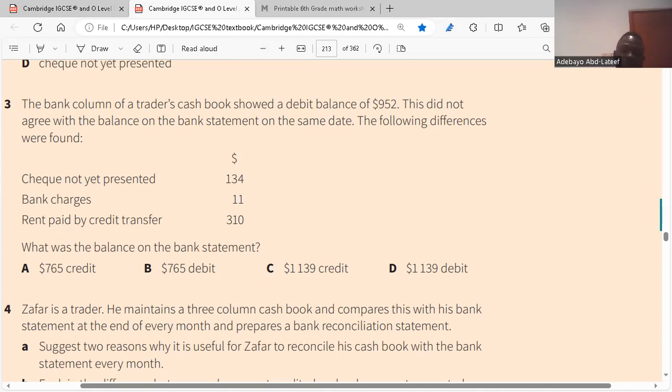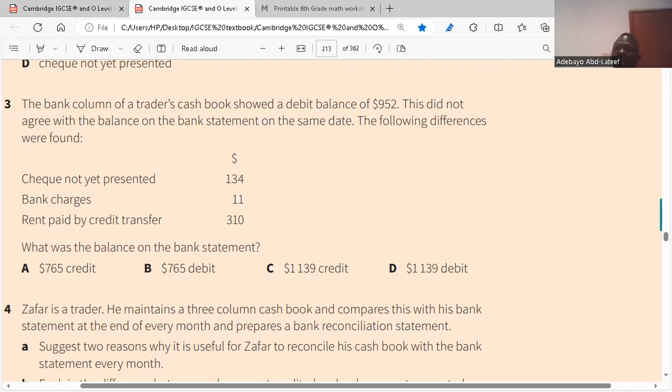Minus rent paid by credit transfer. I think we listed it, right? Minus 310. Yes, minus 310. It's 765.